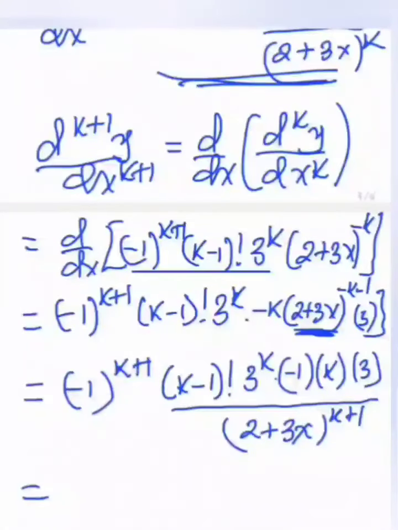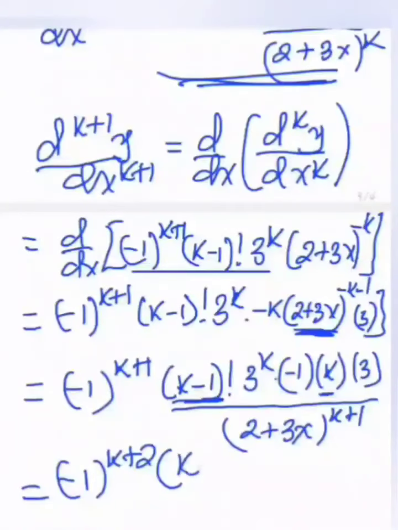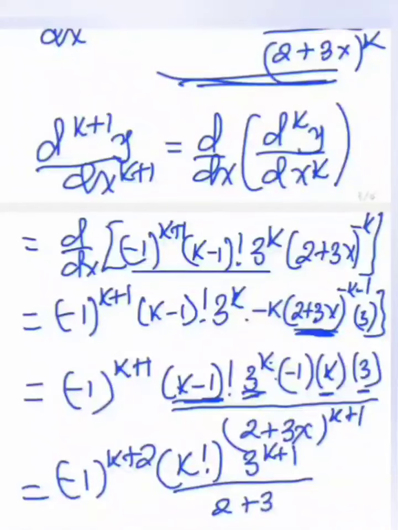There is negative 1 to the k plus 1 times negative 1, and that gives negative 1 to the k plus 2, into k times k minus 1 factorial would just give you k factorial, while 3 to the k times 3 would give 3 to the k plus 1, all over 2 plus 3x to the power k plus 1.